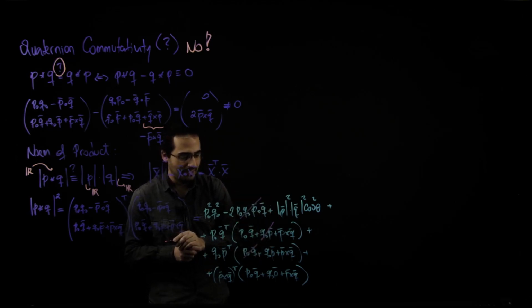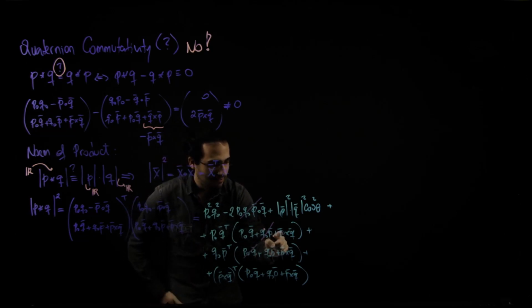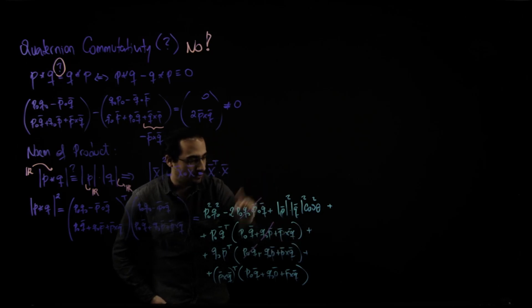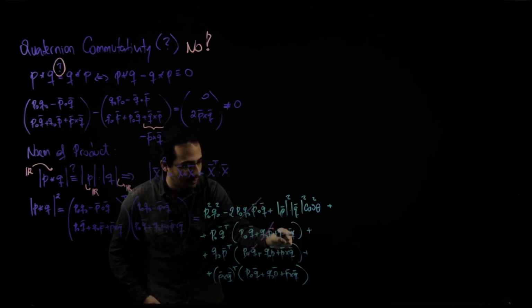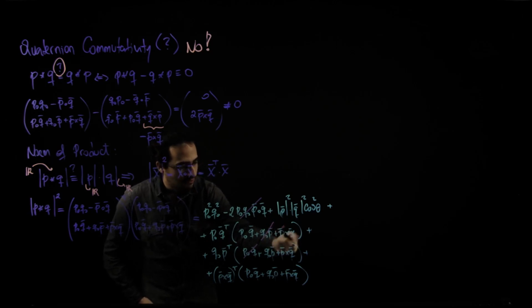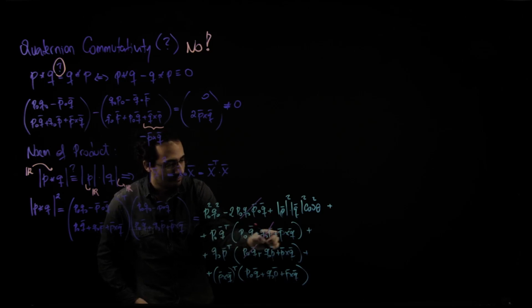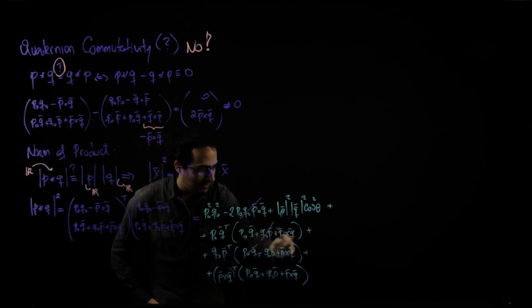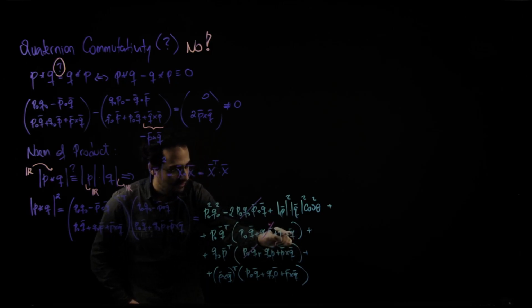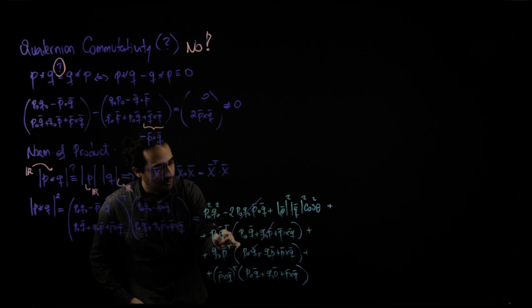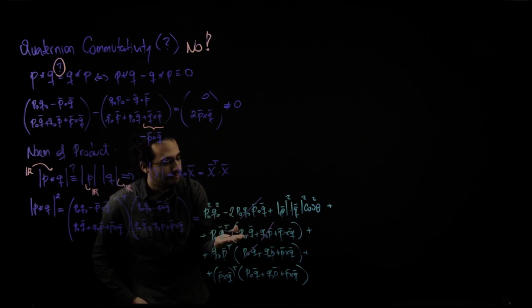All right? Another thing that we can see is that here, P cross product Q will generate a vector which is orthogonal to both P and Q, and therefore is orthogonal to Q. So when you get a vector which is orthogonal to Q and do a dot product with Q, what you get is 0, right?